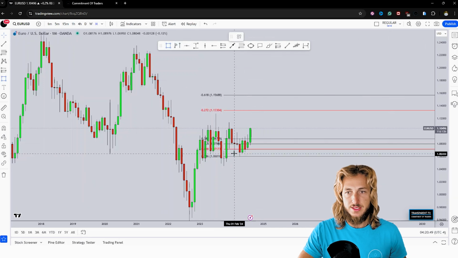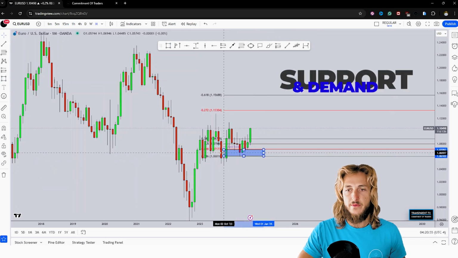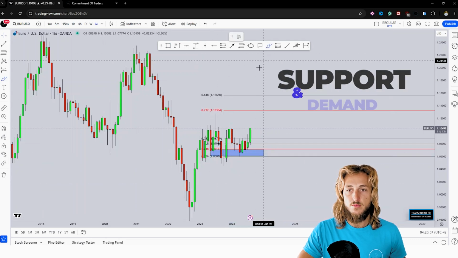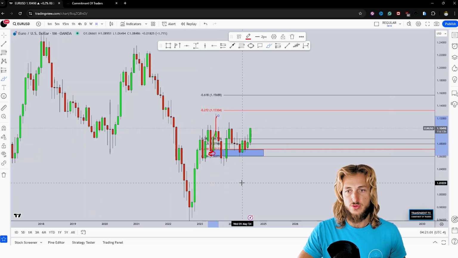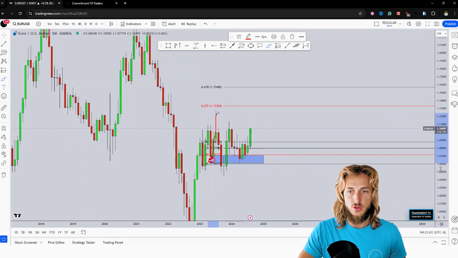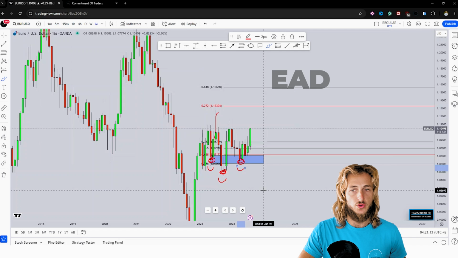So essentially this area here, which is lining up exactly with that historical support and demand area, but also with this previous level here of support and demand from which this rejection to the upside was created. And if we look closely, we can see that we kind of have the creation here of an inverted head and shoulders with the left shoulder here, the head here, and the right shoulder here.